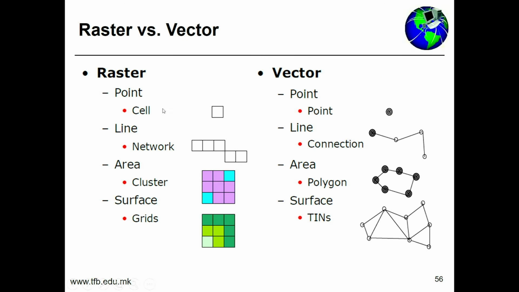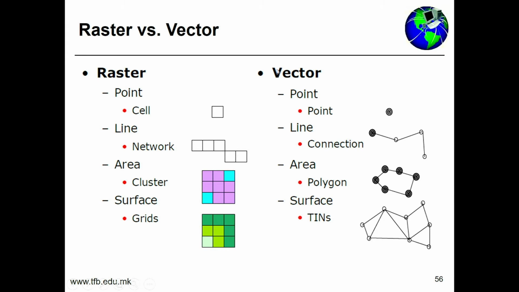If we compare raster and vector: with vector data, a point means a point, but with a raster image, a point means a cell or grid.